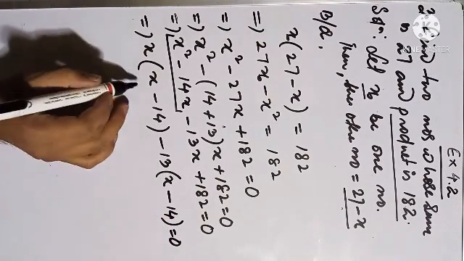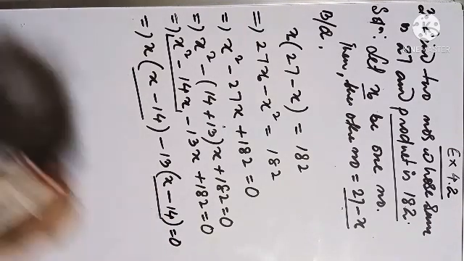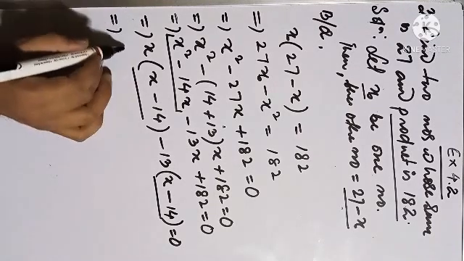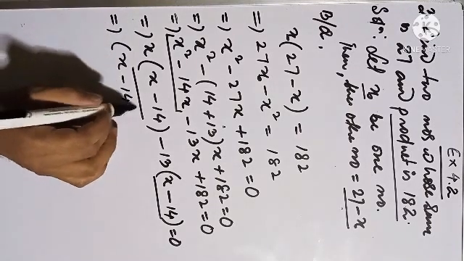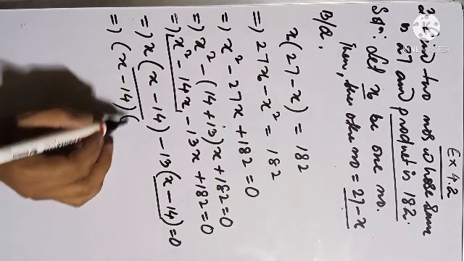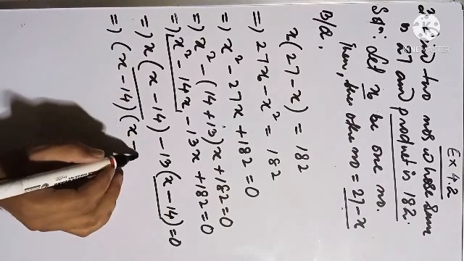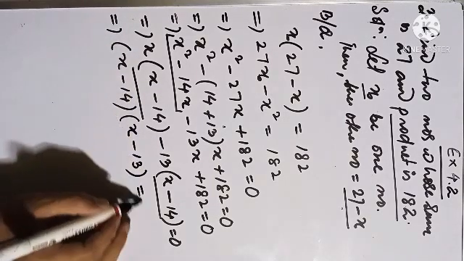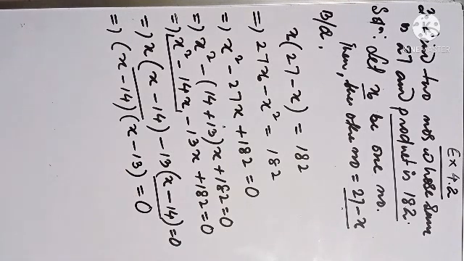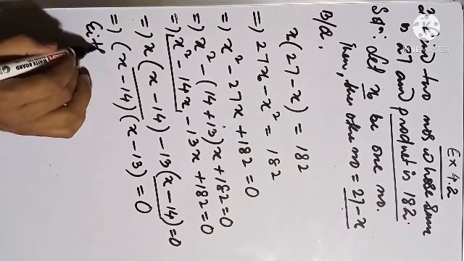Now we have x minus 14 and x minus 14, so we'll take x minus 14 common, and then x minus 13 equals 0.